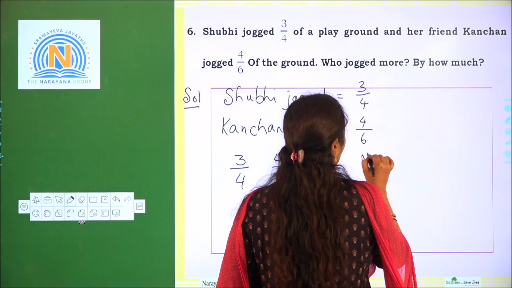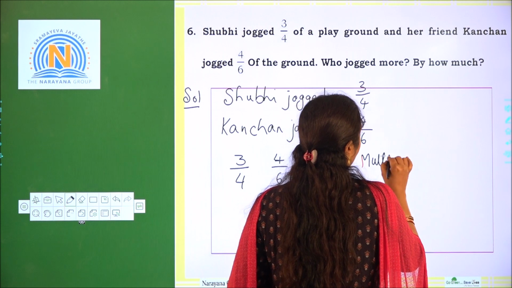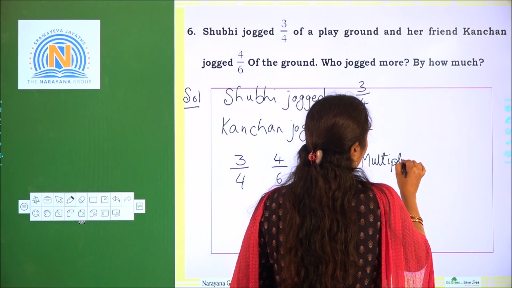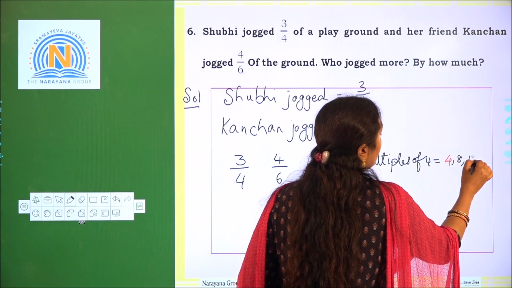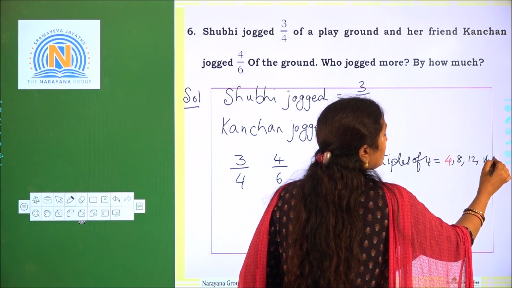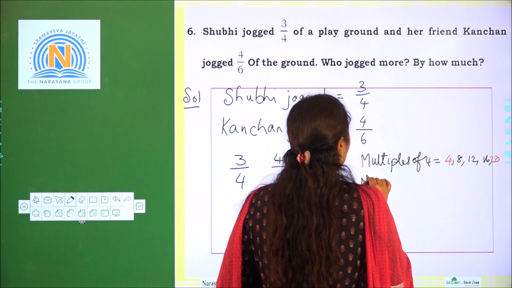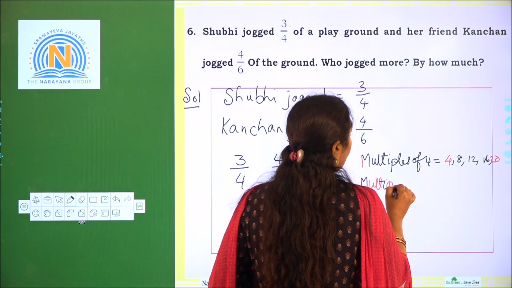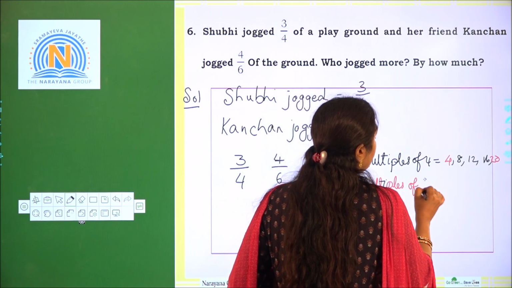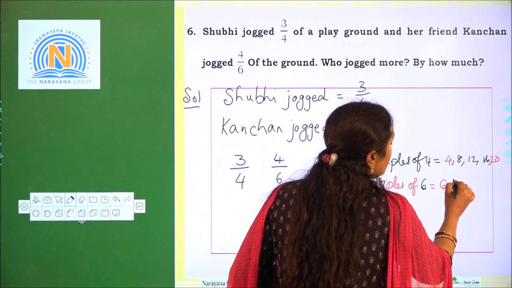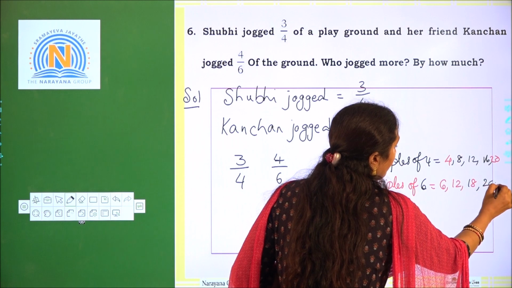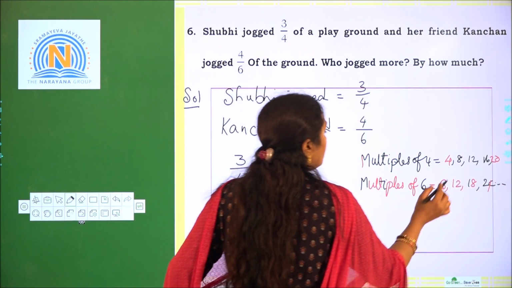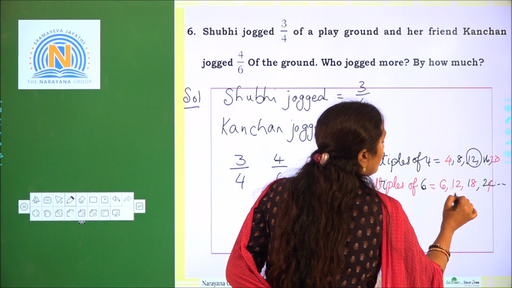Multiples of 4 are 4, 8, 12, 16, 20, and so on. Multiples of 6 are 6, 12, 18, 24, and so on. Which is the common multiple here? 12.